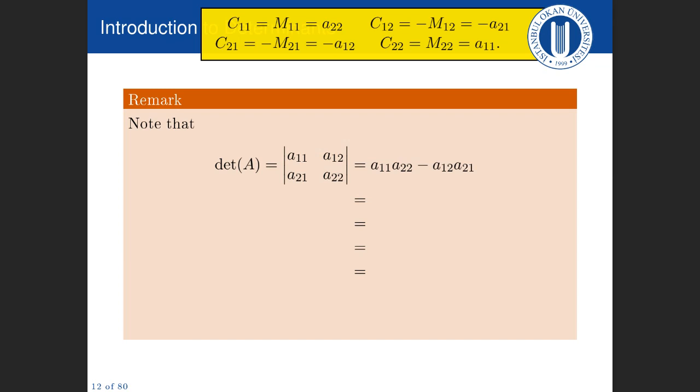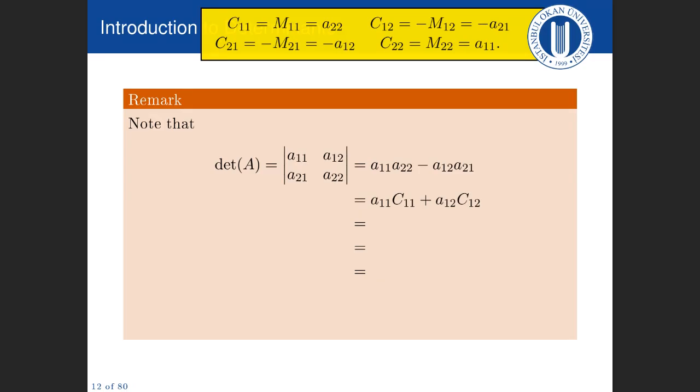Now, note that we know the determinant of a 2 by 2 matrix is A11 A22 minus A12 A21. But look at the yellow box at the top: A22 is the same as C11, and minus A21 is the same as C12.